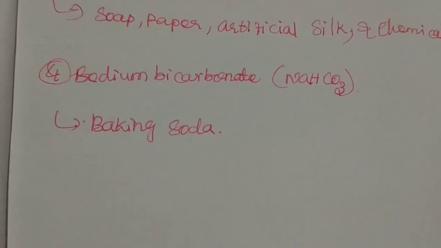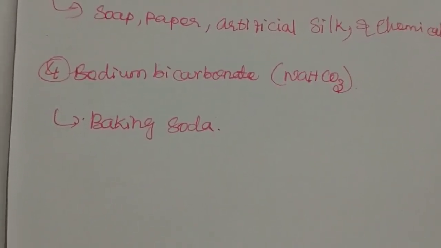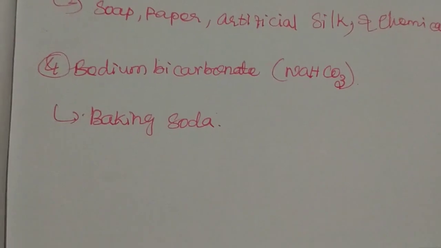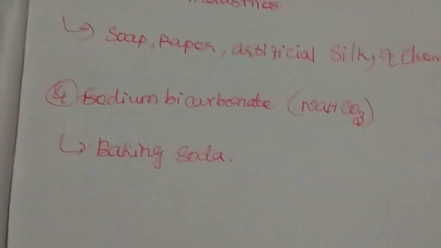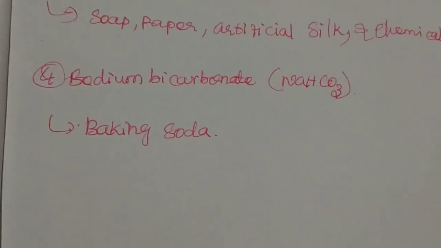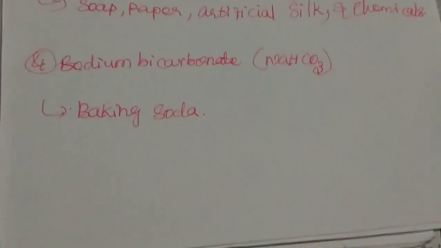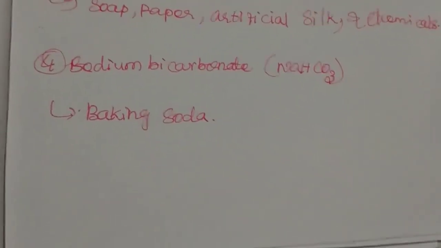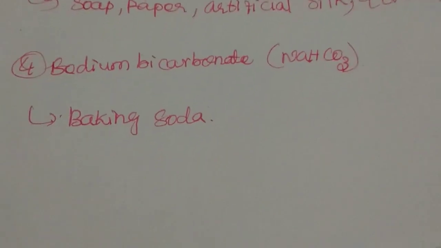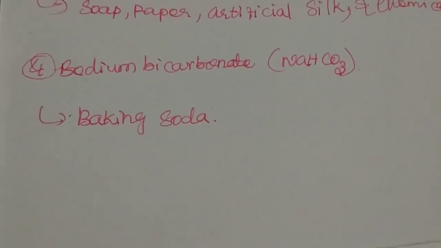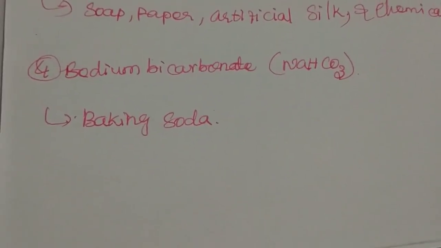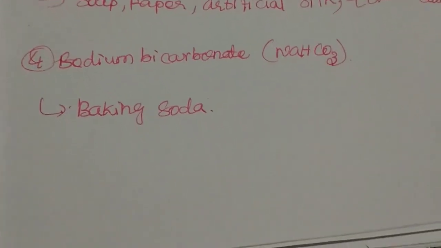Because of the amount of carbon dioxide released, it can make bubbles in the cake. So we can see some holes or bubbles generated in the cake. It's only because of the baking soda added into it, and the baking soda is releasing the carbon dioxide.